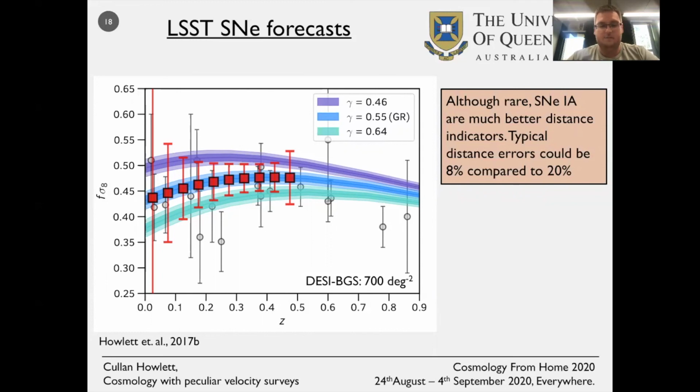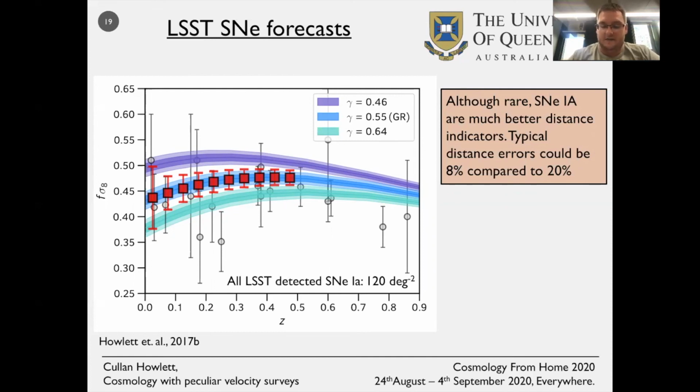To really drive this point home, here I'm showing some example forecasts for the DESI Bright Galaxy Survey, which contains 700 objects per square degree. Gray here are existing measurements, red are the forecasts for the DESI BGS. And here's what we could do if we had pure velocities from all LSST detected Type 1a supernovae. This is more than 5 times fewer objects per square degree, about 120.